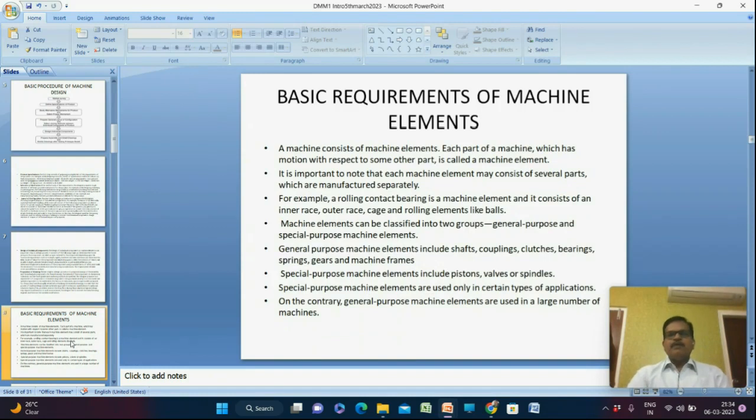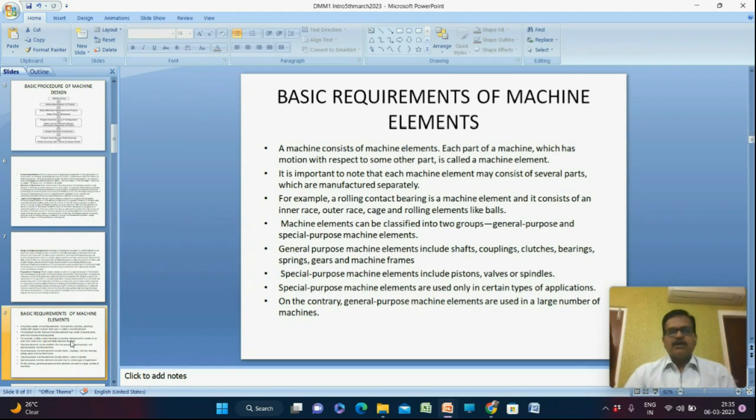Next, basic requirements of machine elements. A machine consists of different elements. Each part of a machine which has motion with respect to some other part is called a machine element. It is important to note that each machine element may consist of several parts which are manufactured separately.